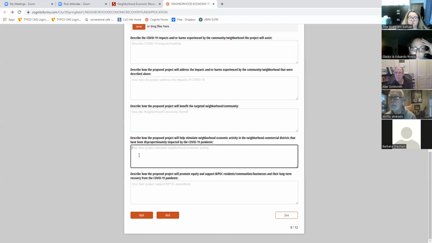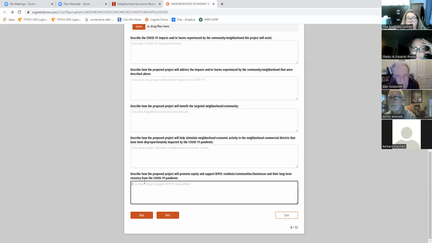And then again, you're talking similarly about how the project will help stimulate neighborhood economic activity within the commercial district that's been impacted by the pandemic. And then you're talking about how the project will promote equity and support residents of color or communities of color and their long-term recovery from the pandemic. So maybe your business employs residents of color.